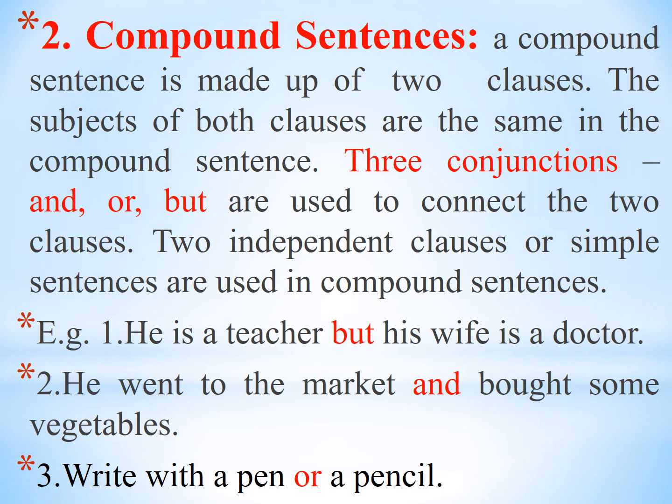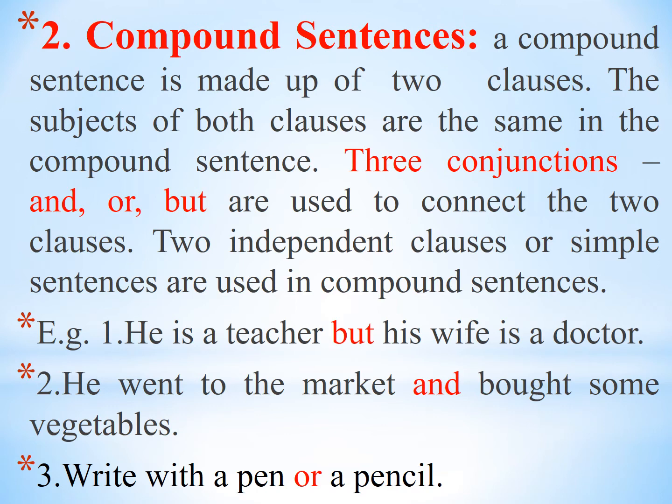These are two independent clauses, and they are also two sentences. But these two independent clauses are joined together with but and it becomes one sentence. Such a kind of sentence is known as compound sentence. He is a teacher but his wife is a doctor.